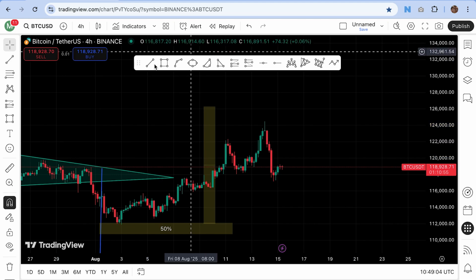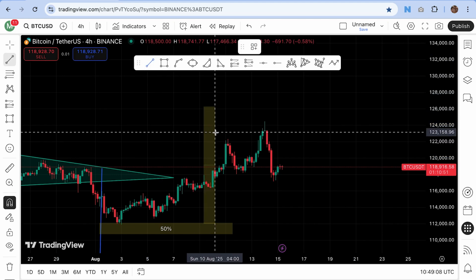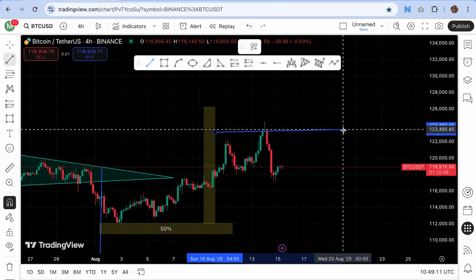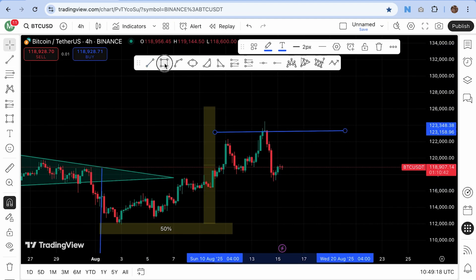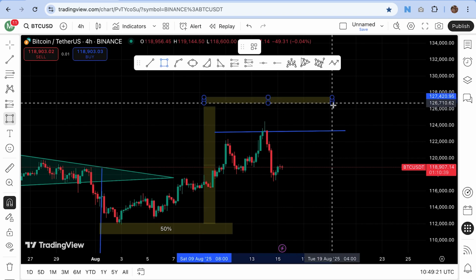If I place the doubled supply here, you'll see its 50% area is where it reversed. This means it could still push higher, possibly into the full supply zone.